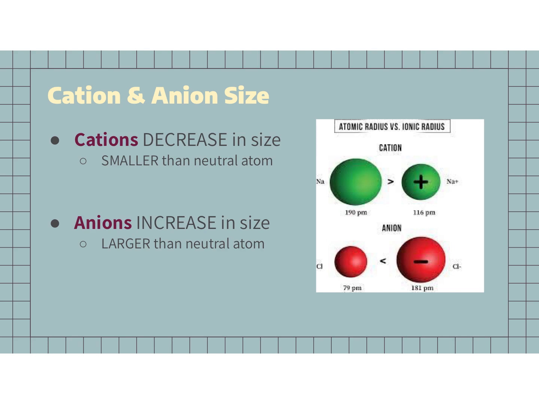So a cation is always going to be smaller than the neutral atom. Remember, cations are positive because they have fewer electrons. Fewer electrons means smaller. So cations will always be smaller than the neutral form. And anions are going to be opposite. They're going to be larger than the neutral form, again because you're going to have more electrons, so it's going to be bigger.